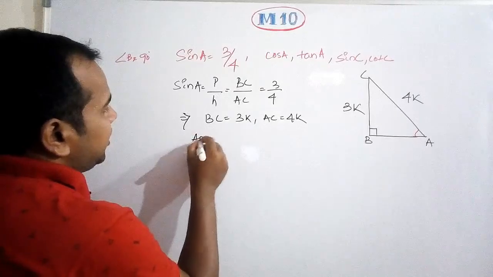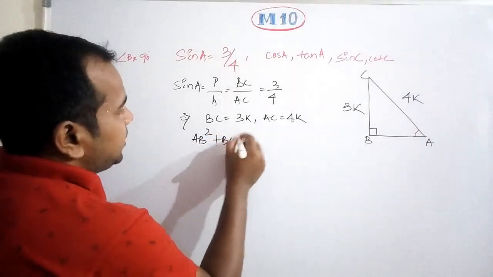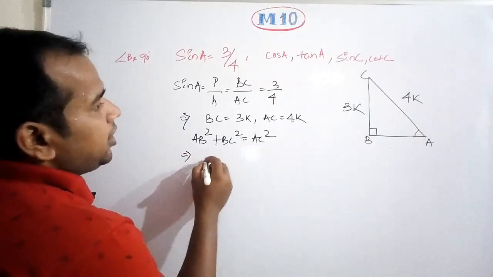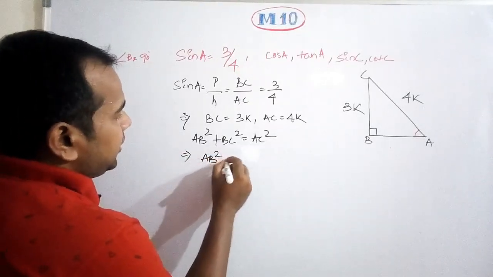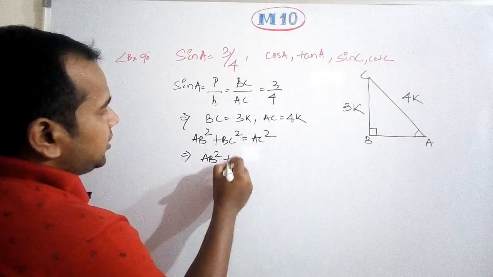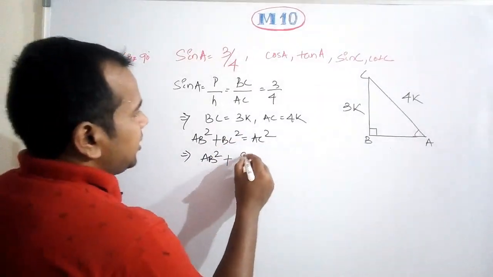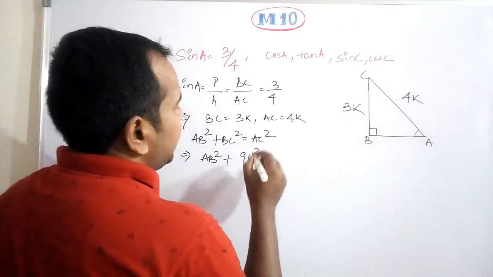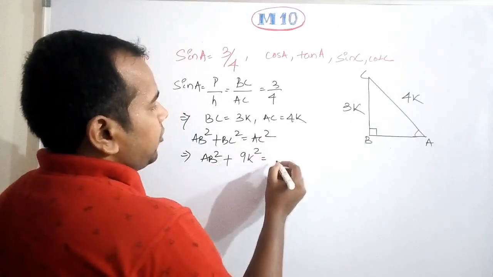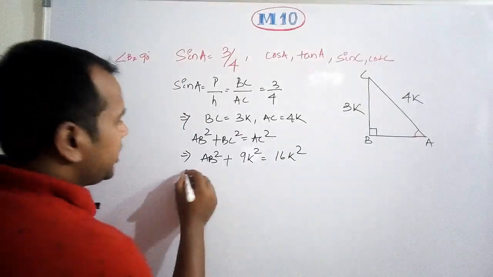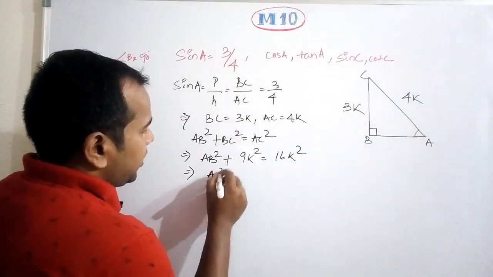So AB square plus BC square equals AC square. Now put the values. AB is unknown, plus BC square, BC is 3K, so you get 9K square, and AC square is 4K whole square, that will be 16K square. So what is AB square?